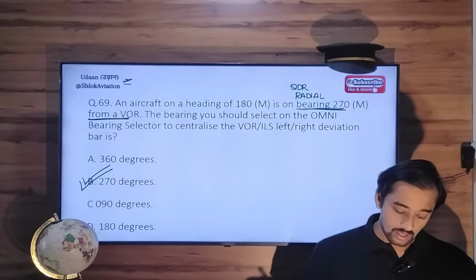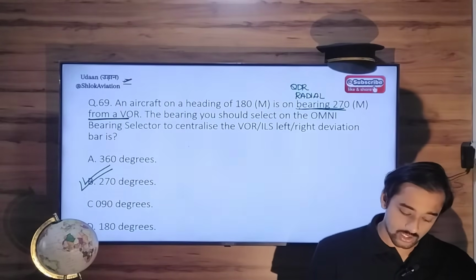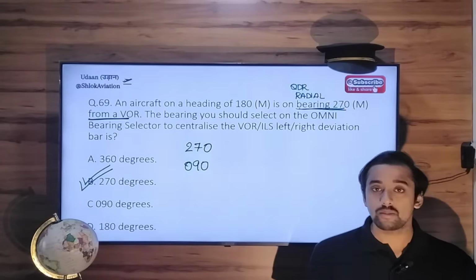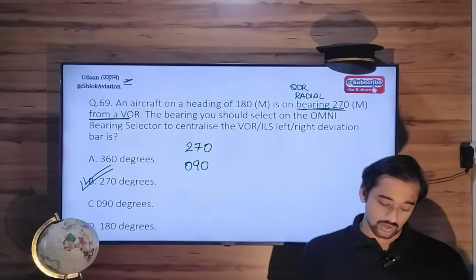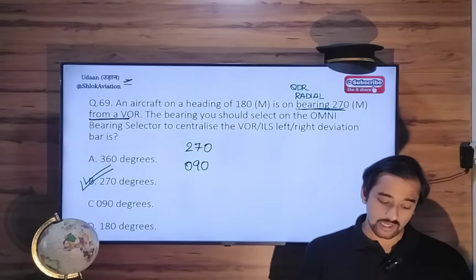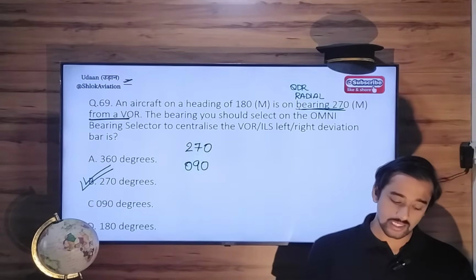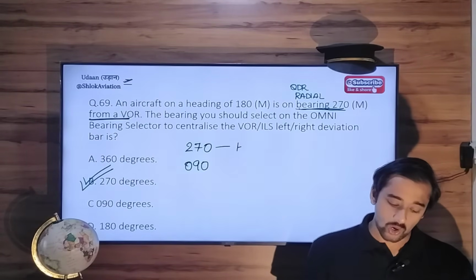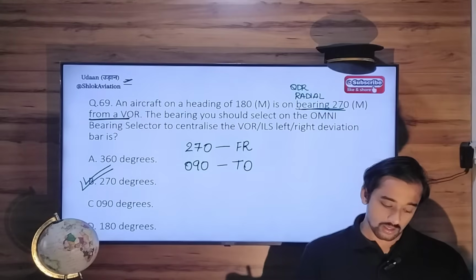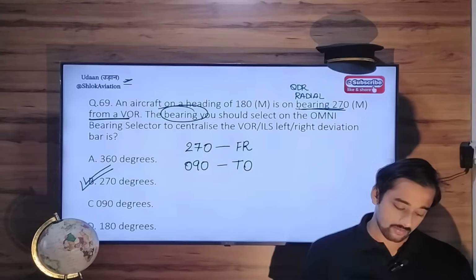So yeah, now there are actually two possible answers, 270 and 090. Both will be correct. Since the aircraft is on the 270 radial, with 270 in the OBS you will get a FROM indication. With 090, you will get a TO indication. So it talks about bearing.